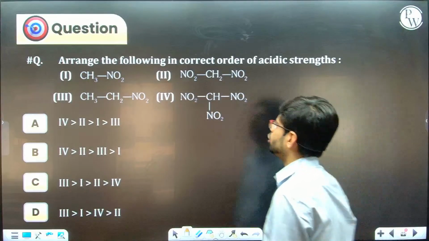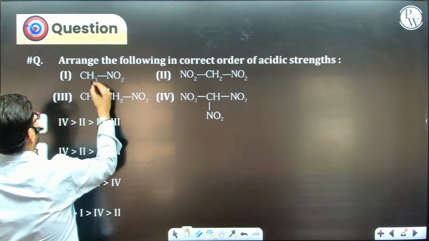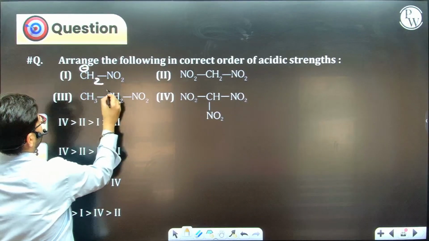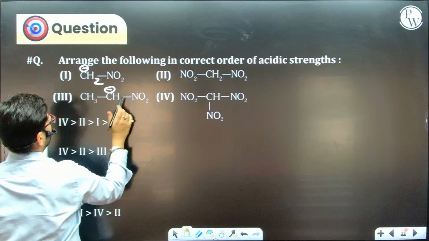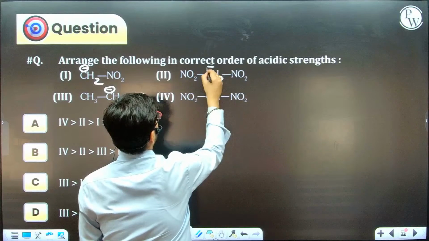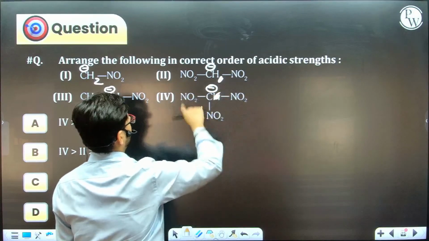Acidic strength. Same logic. Take out one hydrogen atom and form a negative charge. So here I'll get CH2 minus NO2. Here CH minus NO2. Here this, and here this. The negative charge will be stabilized by 3 minus M causing groups.